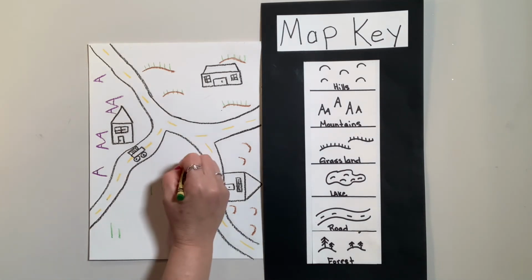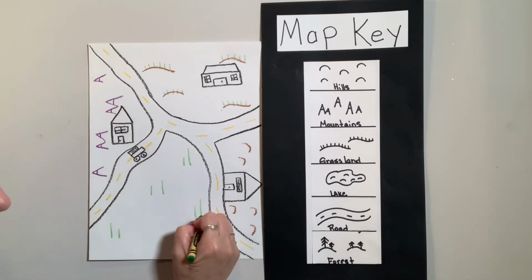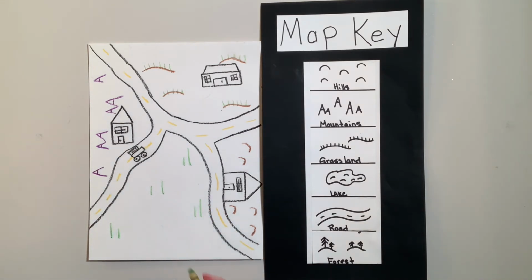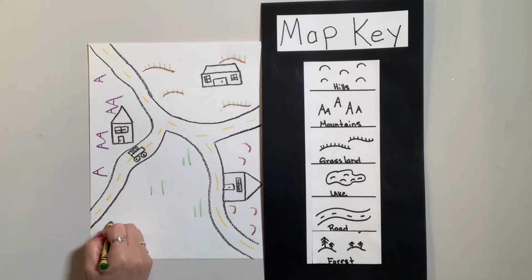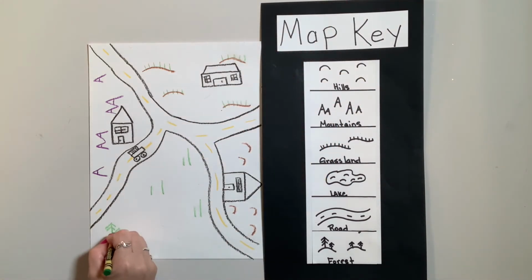And so I'm going to just draw my straight lines first. Then I'm going to draw little straight lines that are in a diagonal. So a diagonal goes from one corner to the opposite corner. Here we go, one corner to the opposite corner.